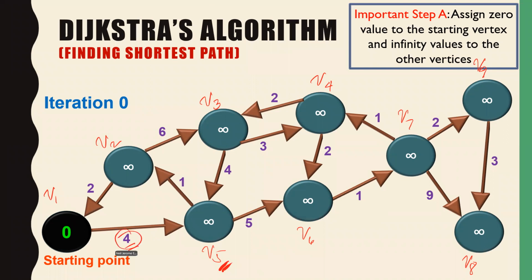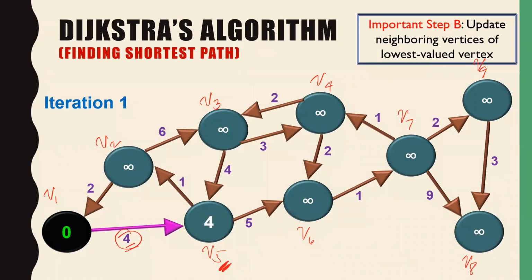Ito yon. So in this step of the algorithm, in the first iteration, I will label V5 by 4 because so far that's the shortest path that we have from V1 to V5. Okay? Tapos yan yung candidate natin. So 4 yung candidate na label kay V5.